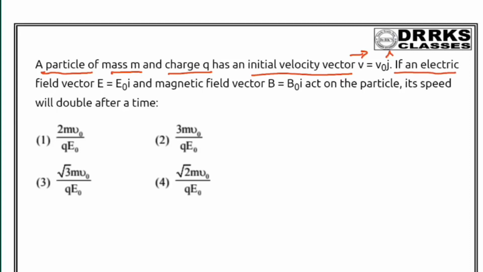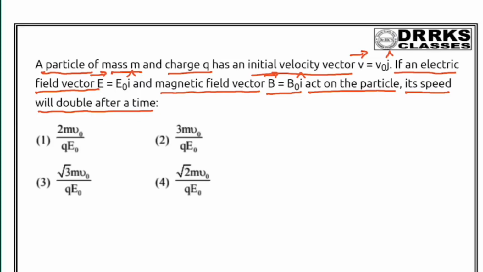If an electric field E bar equal to E naught i cap, that means the electric field is along the x direction, and the magnetic field is along the x direction, B equal to B naught i cap, act on the particle, its speed will double after time t.